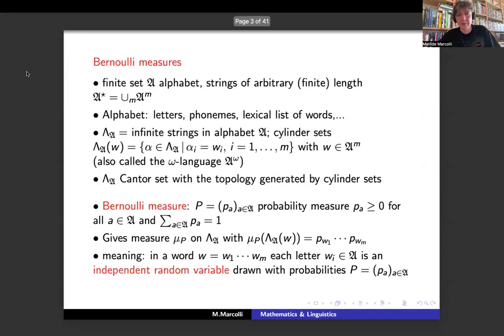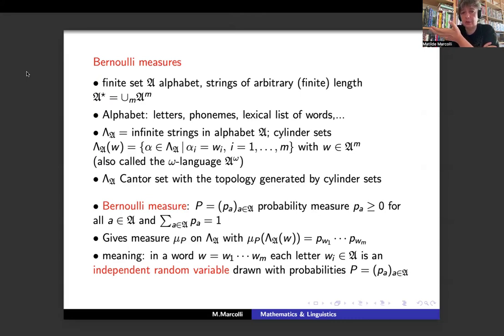But let me first go through some of the history of the role of probabilities, first of all, in the context of formal languages. That was the historical development of generative linguistics. So the simplest, more naive kind of thing that one can do, if you're looking at strings on a given alphabet, is to assign probabilities to the letters of the alphabet.